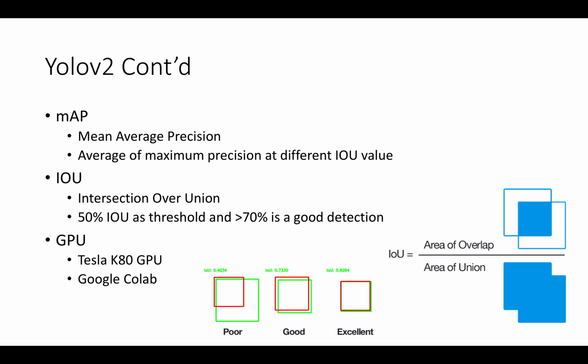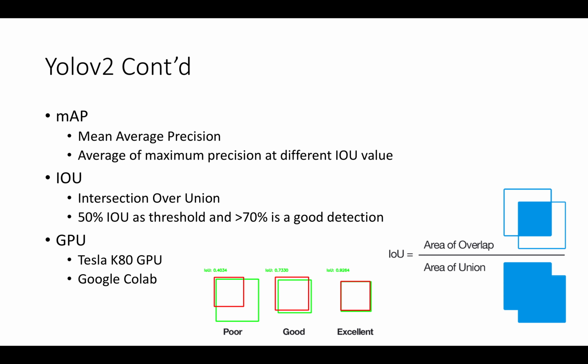Alright, here's a couple of outputs of the YOLO V2 network. mAP stands for mean average precision. It's the average of maximum precision at different IOU values, while the IOU is the intersection over union. You can see from the figure, it's the area of overlap over the area of union.